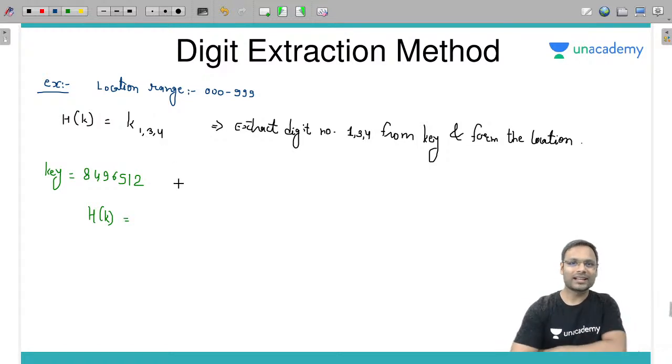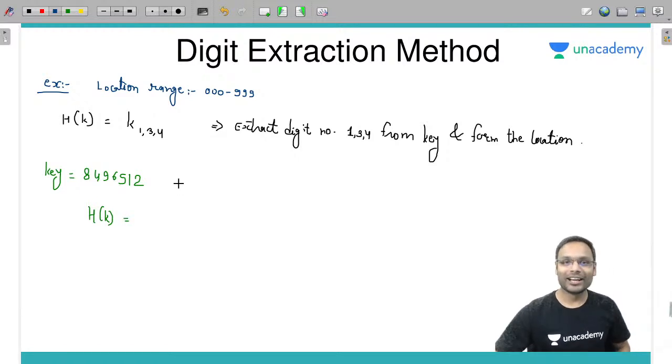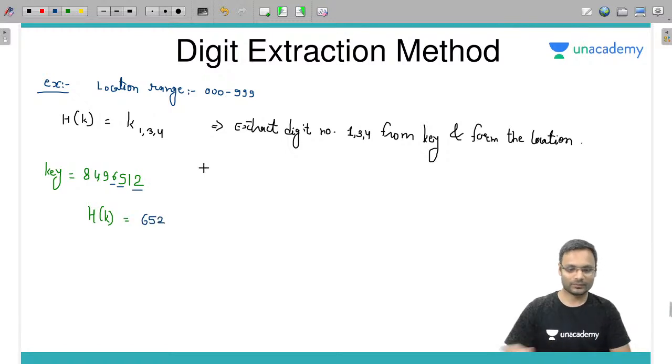Now you will ask, sir, from where, from left or right? I will say from left. Sir, your left or my left? If you got my point, there was a movie in Indian Hindi cinema in which such a funny story occurred. So let's say I am taking first one is this one, third one is this one and fourth one is this one. 652 is my result.